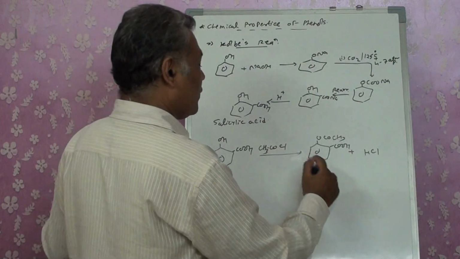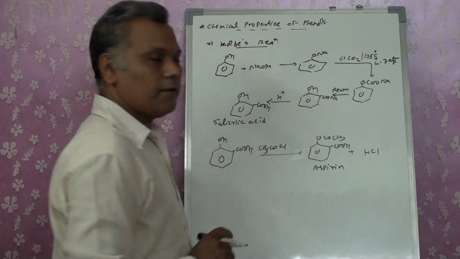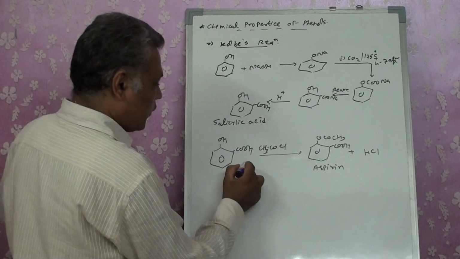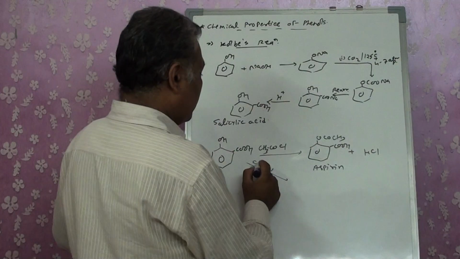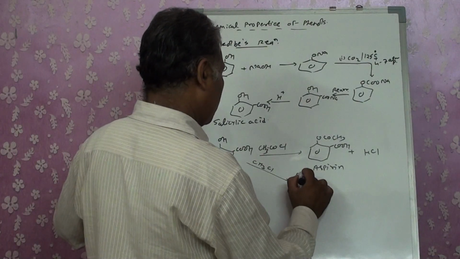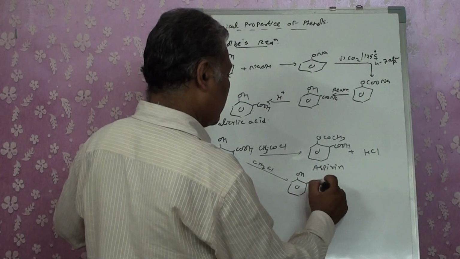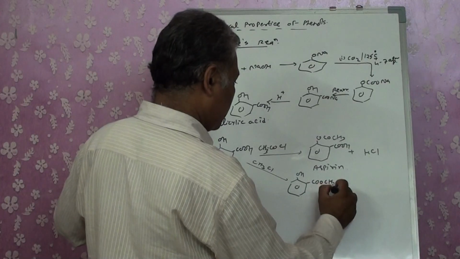This particular compound is known as aspirin, right? And if I am going for CH3Cl, then this CH3 reacts with the OH of COOH, giving COCH3.